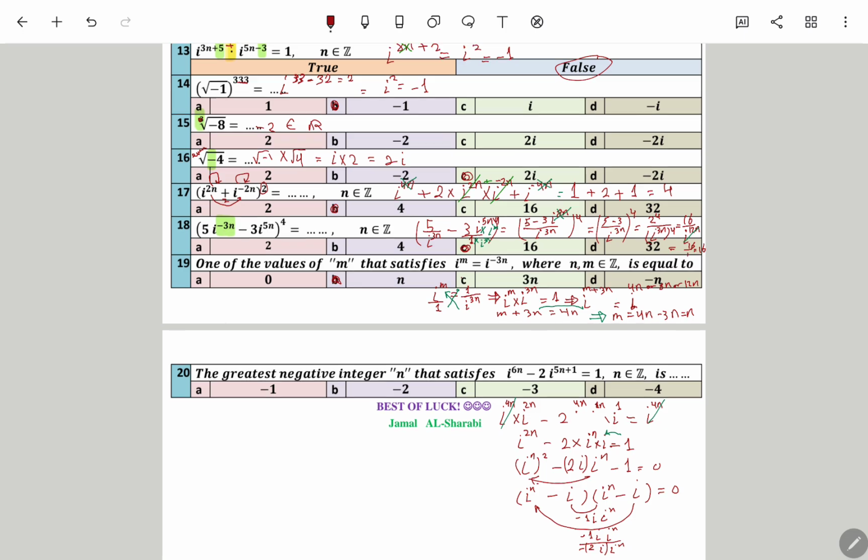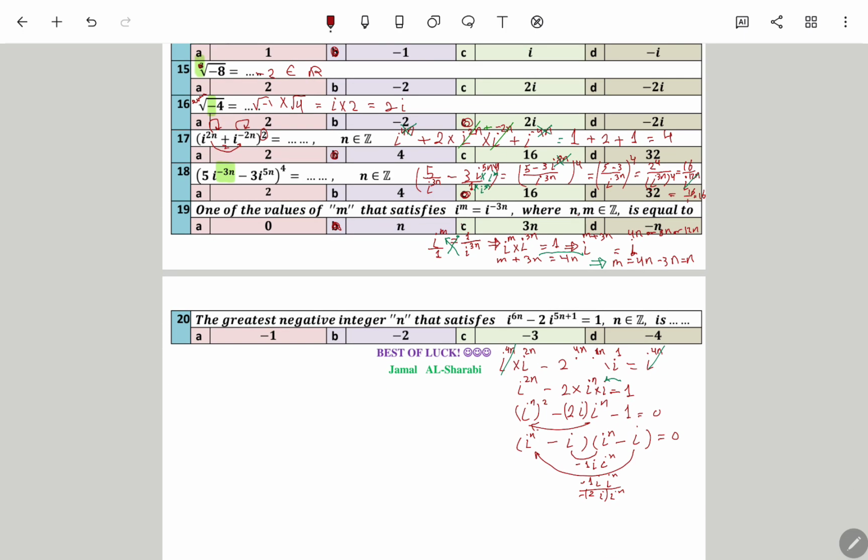So your factorization is extremely right. You can write them as i to the power of n minus i, all to the power of 2, which is a perfect square, equal to 0. Then take a square root for both sides to get i to the power of n minus i equal to 0. Move this i to the other side.